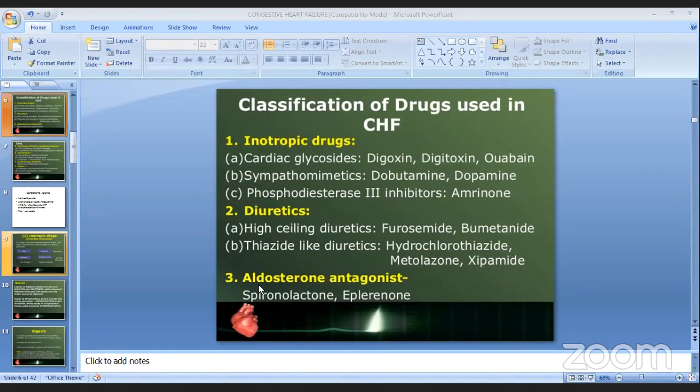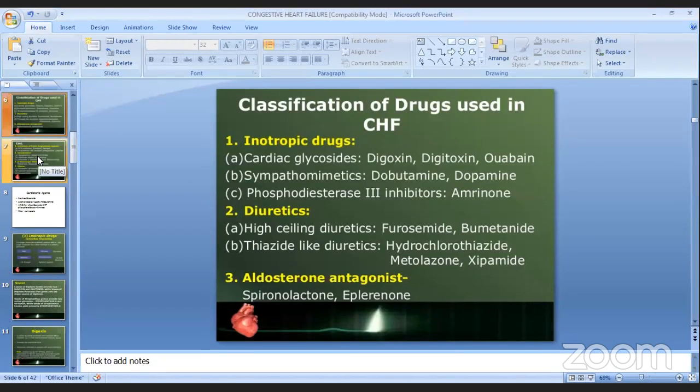Another category of drug is the aldosterone antagonists, spironolactone and eplerenone. They inhibit aldosterone secretion. Spironolactone is a steroidal type of drug. These drugs are used for congestive heart failure.